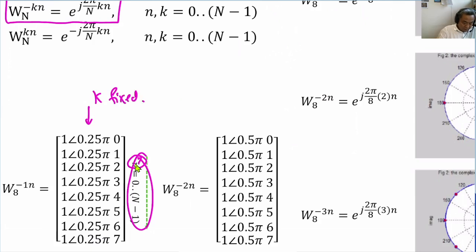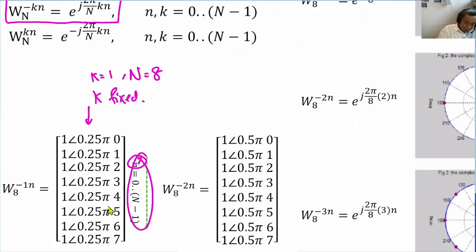And in this example, k is equal to 1 first, and N is equal to 8, and then we fill up the elements. I fill up the elements in the polar notation.